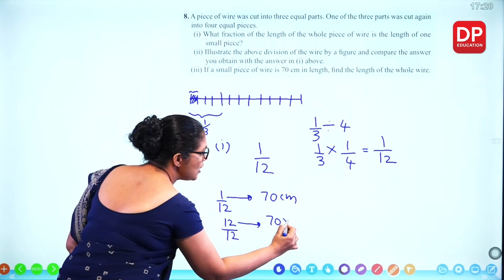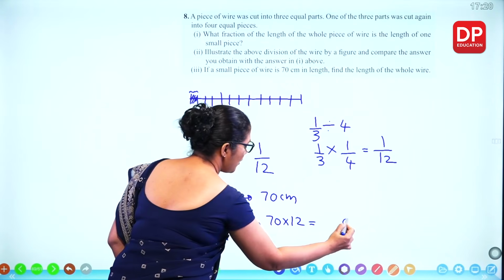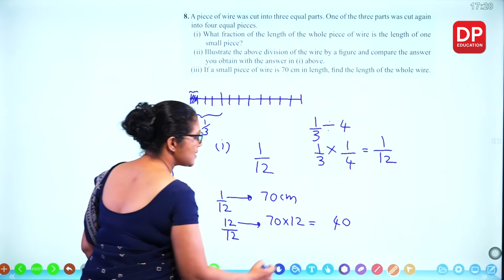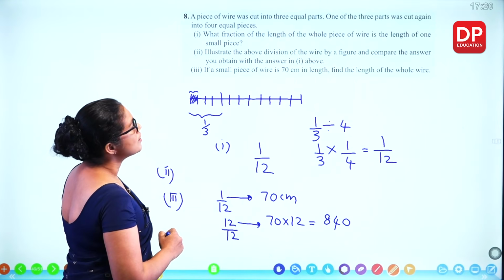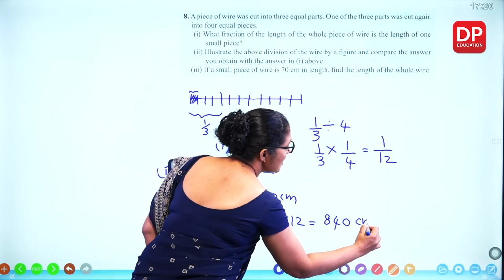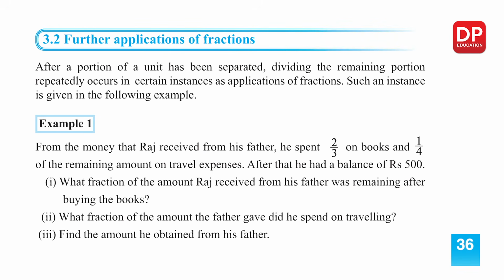So that means you need to multiply this by 12. So 0, 7 times 2, 14, 1 remaining, 7 times 1 is 7 plus 1, 8. So what's the total length of the wire? This is in centimeters.